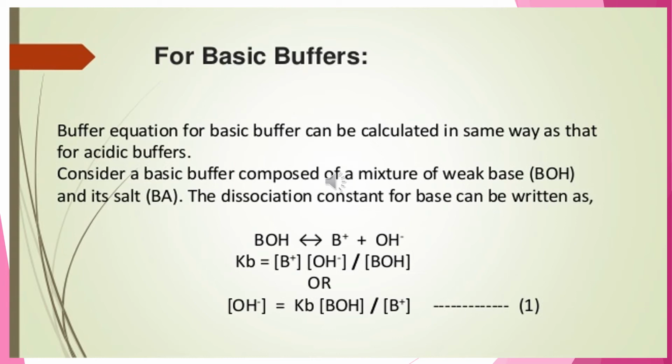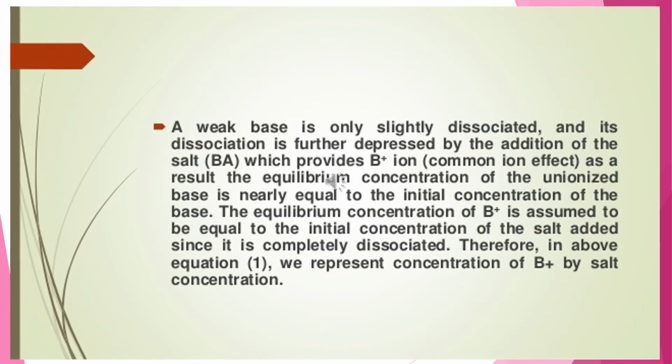So Kb is equal to concentration of B plus into concentration of OH ion divided by BOH, or concentration of OH negative ion is equal to Kb, that is the dissociation constant of base, into BOH upon B plus ion, equation number 1.